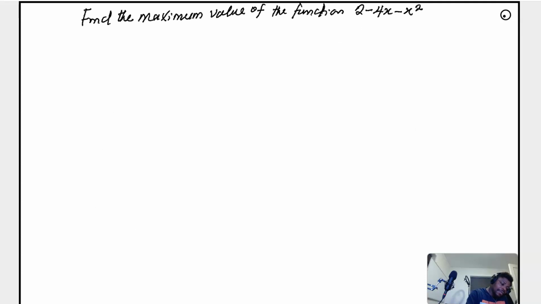Find the maximum value of the function 2 minus 4x minus x squared. So my function y is 2 minus 4x minus x squared.